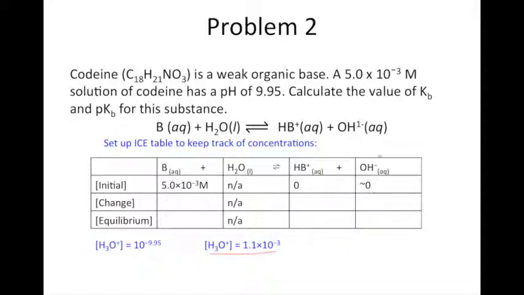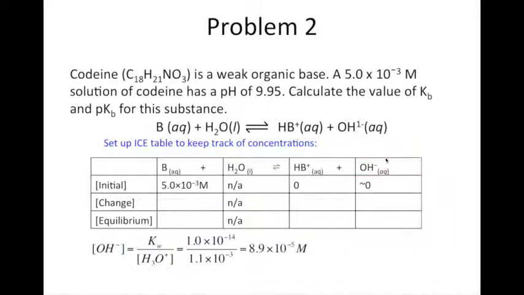But I want hydroxide, not hydronium, and we do know a relationship between them. The hydroxide ion concentration at equilibrium is equal to Kw divided by hydronium. Kw is a constant, and we just solved for hydronium. And so here we're able to solve for our equilibrium concentration of hydroxide. We can plug that into our ice table here.